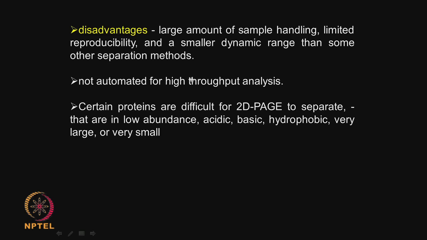So, not automated for high throughput analysis, it is very difficult for high throughput, and certain proteins are difficult for 2D page to separate, which are low in abundance. If the quantity is very low, it is difficult. Acidic, basic, hydrophobic, or very large or very small proteins, we might not be able to identify in 2D electrophoresis. So, these are the advantages and disadvantages of 2D electrophoresis.